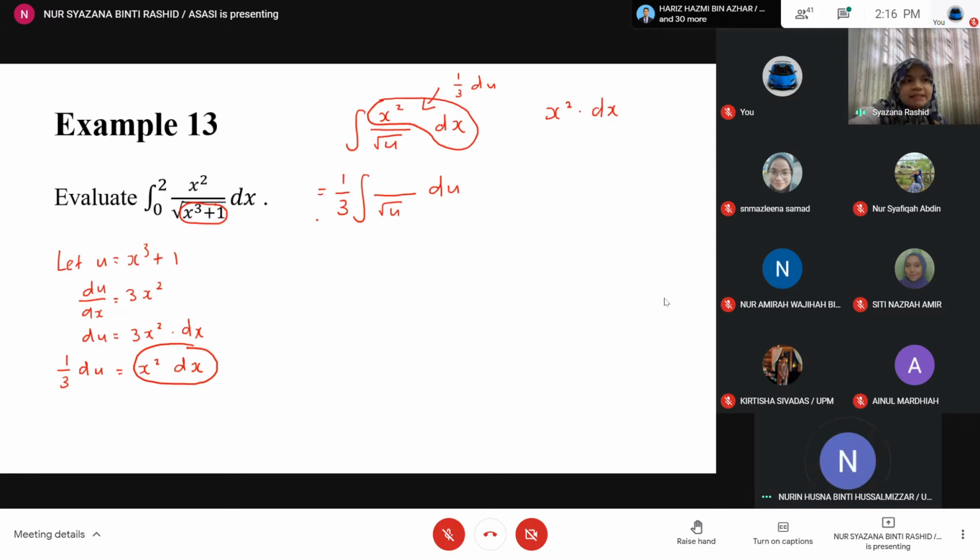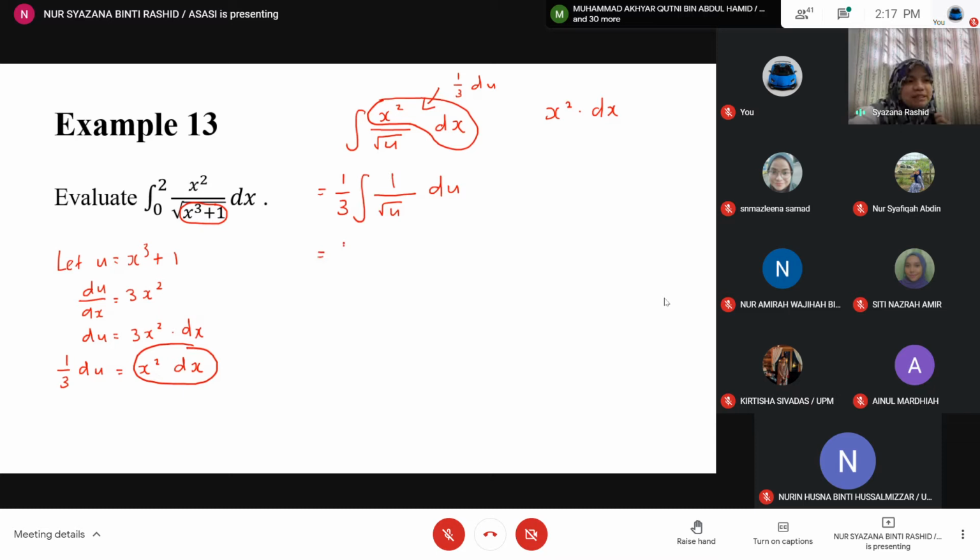Yes, put 1 here, supaya kita nampak integral punya bentuk. Instead of you letak du dekat atas, put du at the back, constant in front. So ni sebenarnya 1/3 du. Cuma you dah asingkan 1/3 ni bawa keluar siap-siap. So now you already get a simple form.